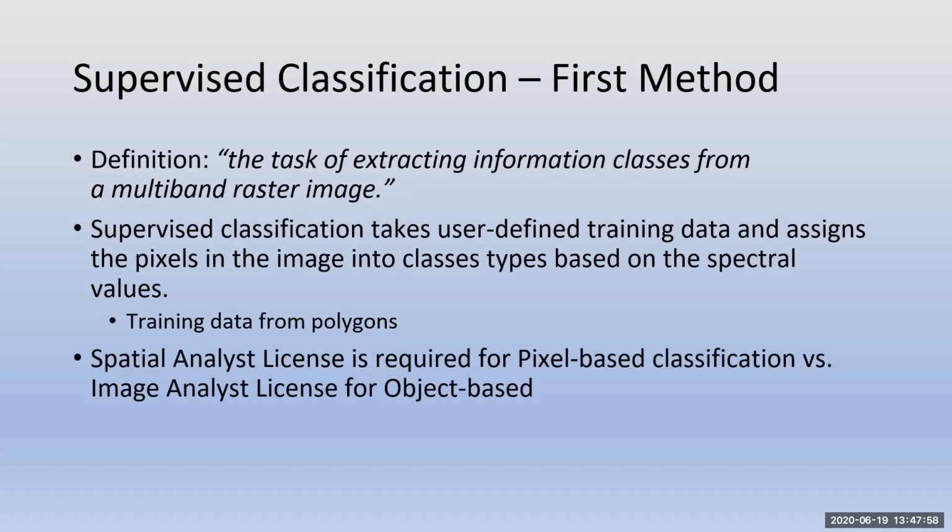The supervised classification takes user-defined training data and assigns the pixels in that image into class types based on the spectral values. So basically, we make polygons of, let's say, a tree. It takes all those colors and says, oh, this is a tree. And this color range is what we're looking for in the rest of the photo. And it does it by pixel.